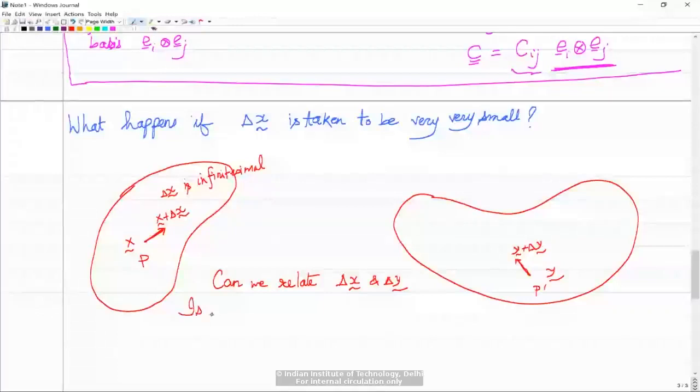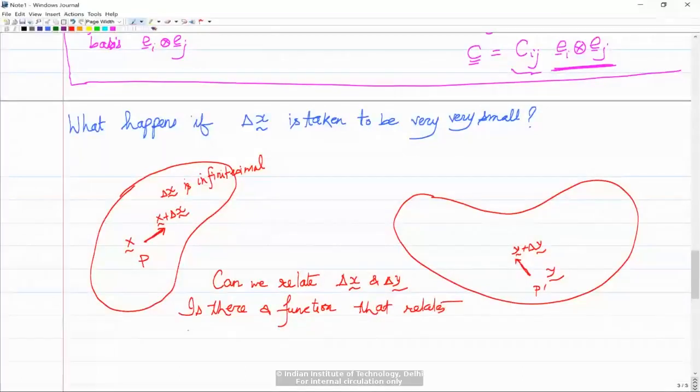So that's the question. Is there a function that relates a material line in the two configurations? So let's try to explore that.